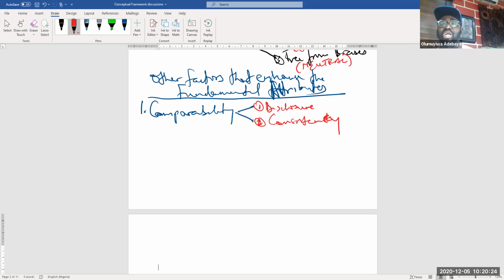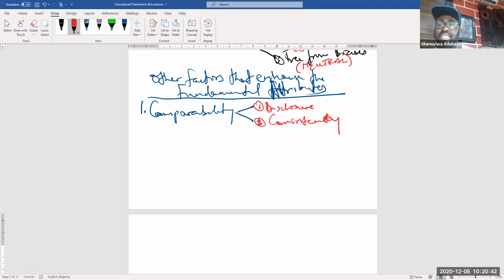Why comparability? Because in financial reporting, you require financial information for decision making. And you can't be talking about decision making if there are no at least two options in which you have to select one on the basis of mutual exclusivity.